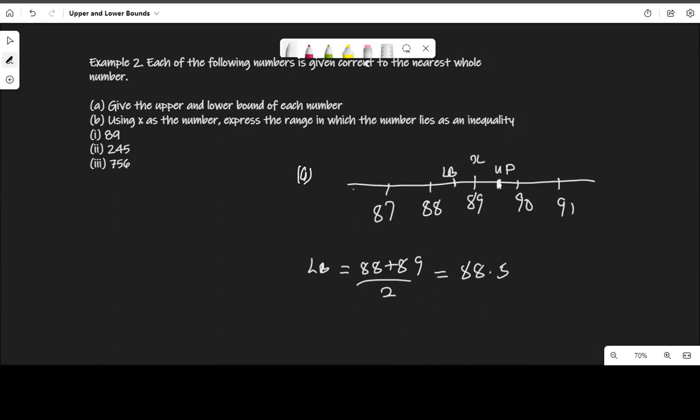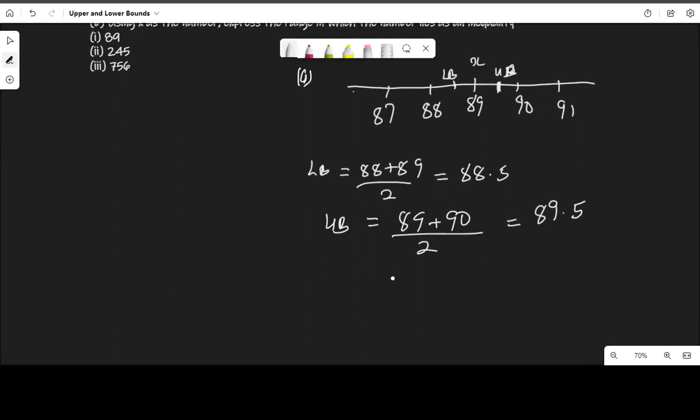And then the upper bound, which we call UB, is 89 plus 90 divided by 2, which is 89.5. That is how to get the lower and the upper bound of that number.